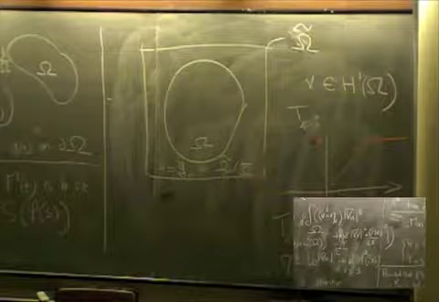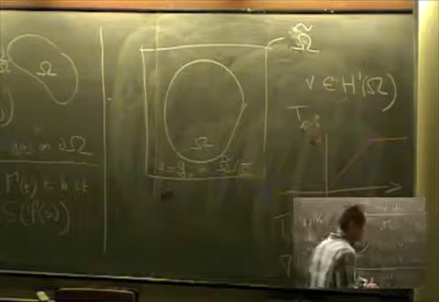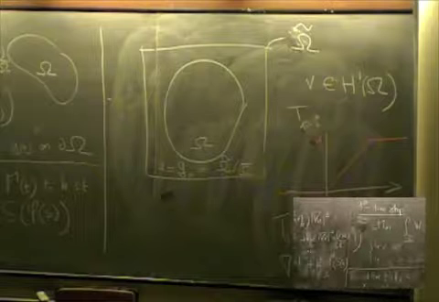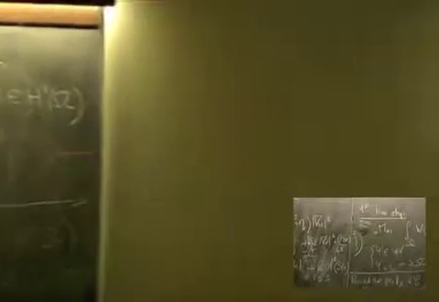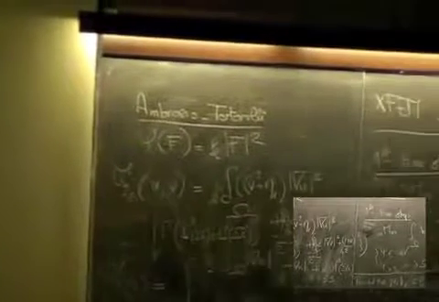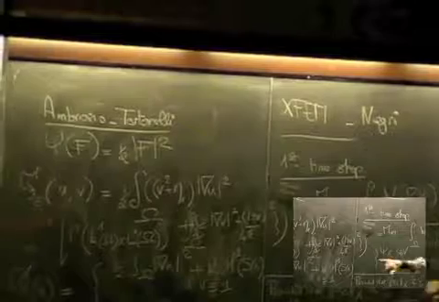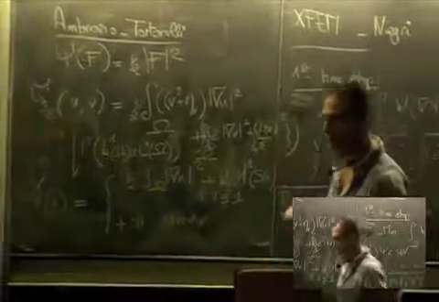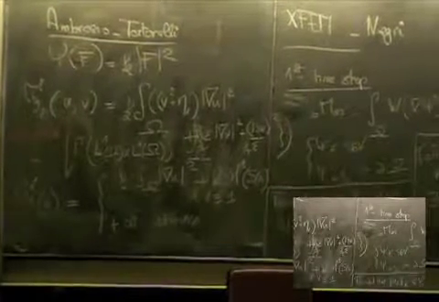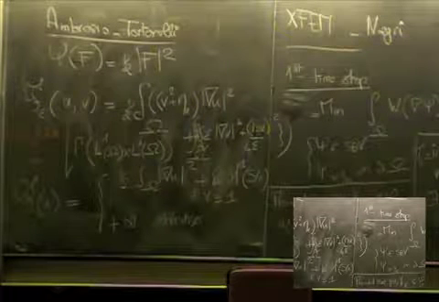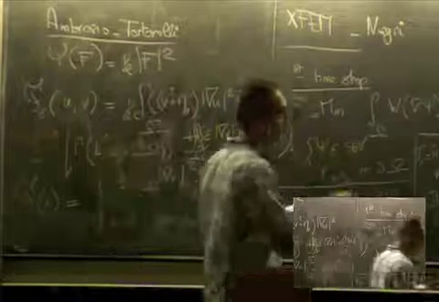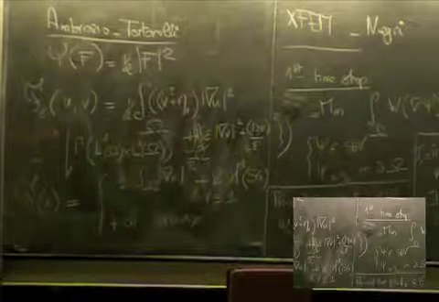What else do I want to say about this functional? Not very much more than that. Yes, I want to say why for a fixed epsilon this has a minimum. So in the notes, clearly I won't do that today, in view of the fact I only have a half hour.